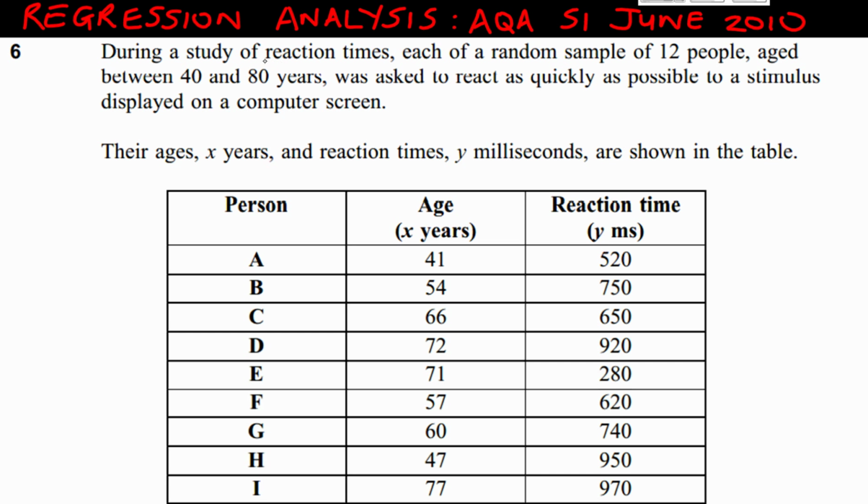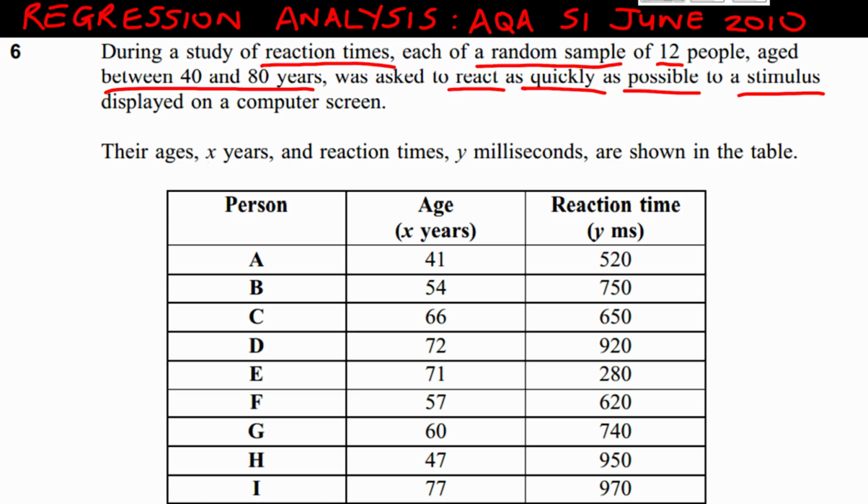During a study of reaction times, each of a random sample of 12 people aged between 40 and 80 was asked to react as quickly as possible to a stimulus displayed on a computer screen.